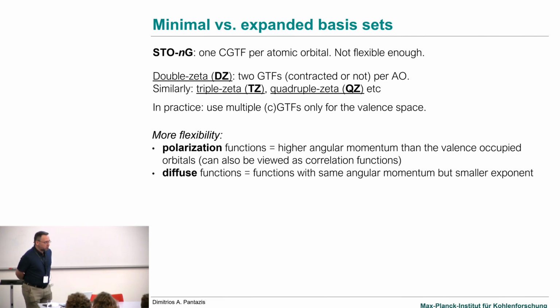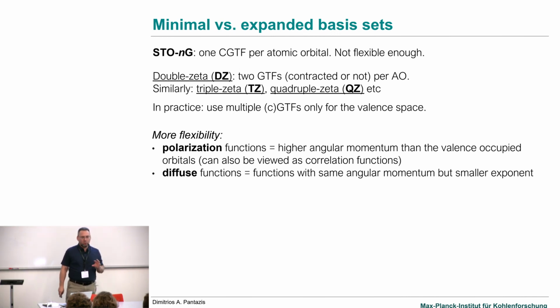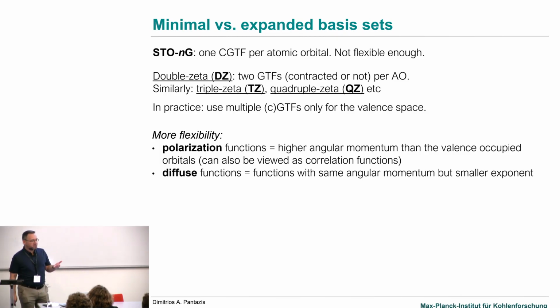So to make sure that we have flexibility in the representation of the molecule, whether we're doing Hartree-Fock or DFT or whatever, we want to make sure that the basis set is flexible in the region of interest. Most often that's the valence region. Many types of spectroscopy are concerned with what's happening in the valence region, so we want this region to be better described.